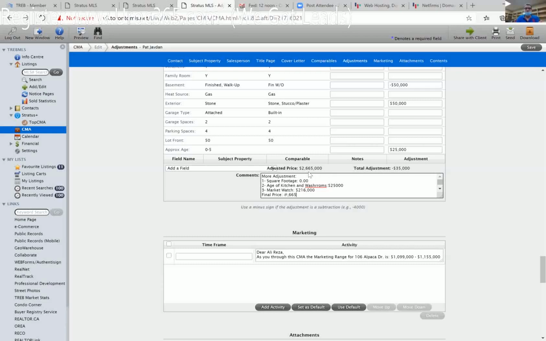Last year that property sold 2,700,000, but we adjusted the comparable to 2,665,000. It means this property was the logical price.